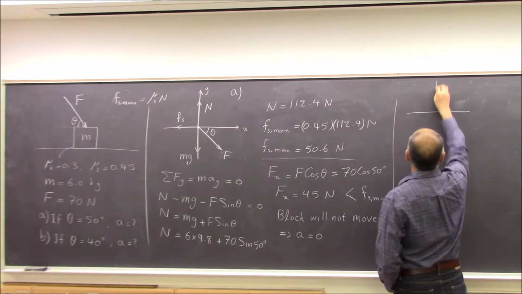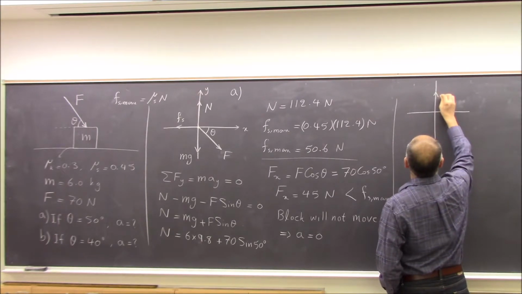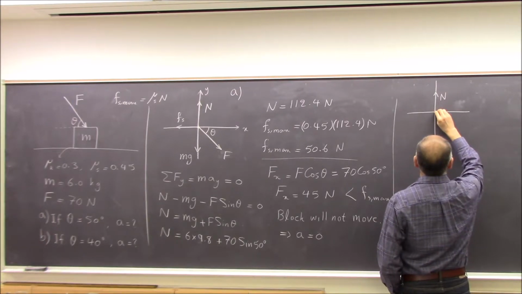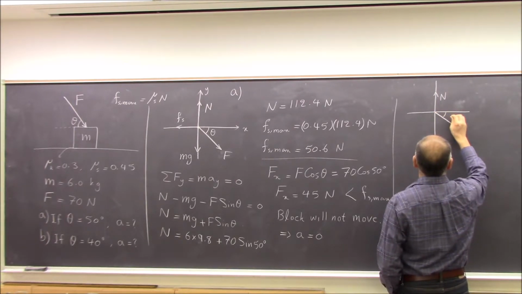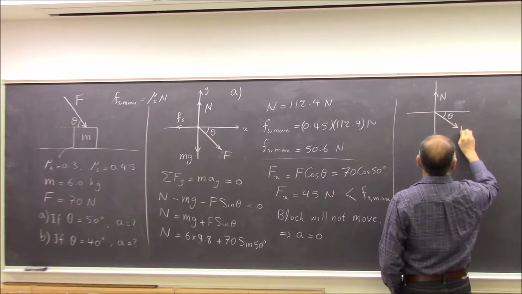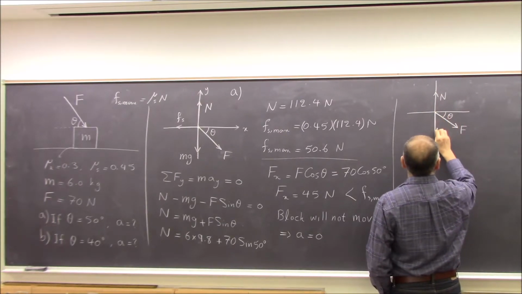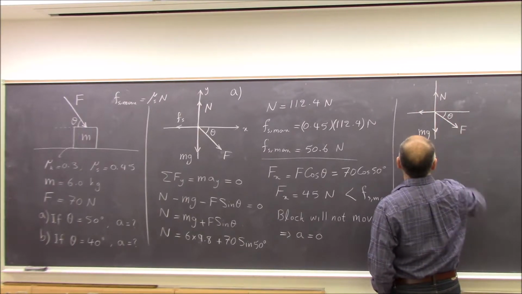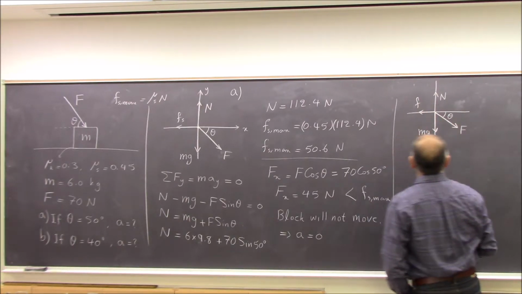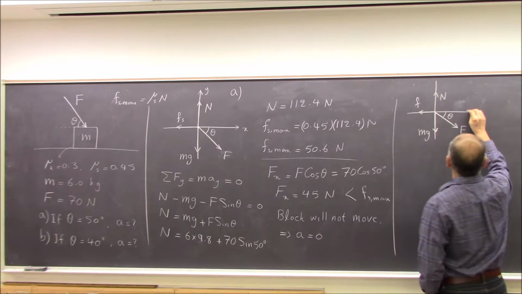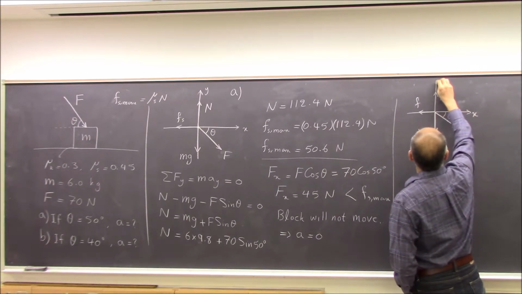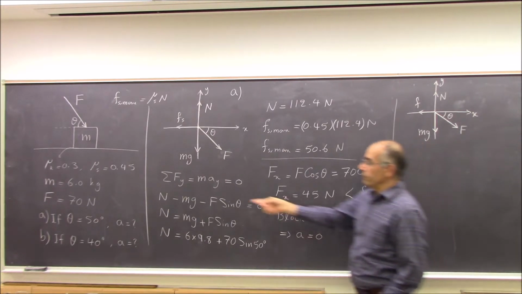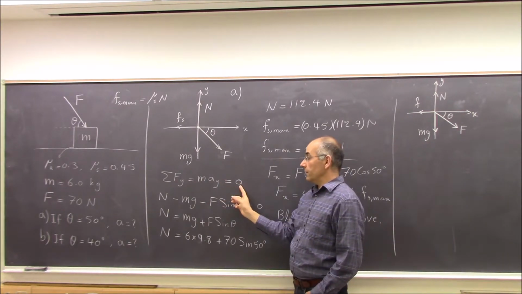Now, the same free body diagram almost. The normal force is different now. If you change theta to 40 degrees, mg looks pretty much the same. And this is the friction force, and this is x and y. Again, you can write sum of Fy equal to m a y, which is 0.